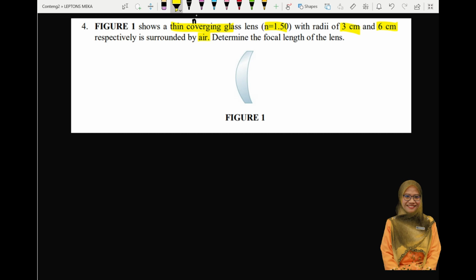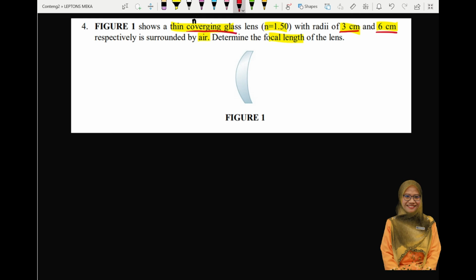You need to determine the focal length of the lens. So now, guys, first of all, you need to know which surface has the 3 cm radius and also the 6 cm radius. And this question told us we use the converging lens.